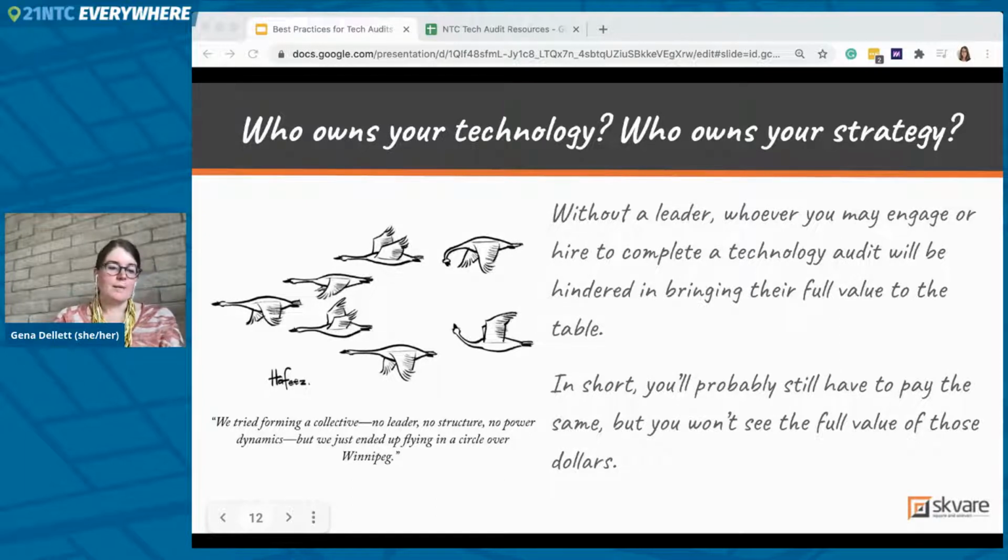So what that links to is who owns your technology or your strategy. And I don't mean in the sense of proprietary systems versus open source. I mean who owns the use of your technology. If you don't have that leader, and that leader doesn't have to have a huge amount of authority even, but if it's known that there's a point person, if you don't have that leader, whoever you engage or hire to complete a technology audit will be hindered in bringing their full value to the table.